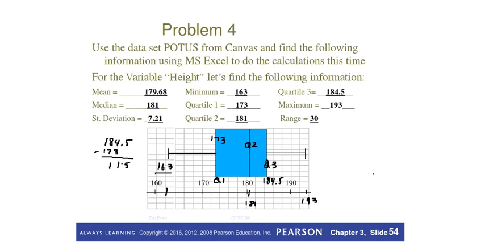If we take that 11.5 times 1.5, what that means is that we're going to get 11.5 plus half of that, which would be 5.75. And we would add those together, 11.5 and 5.75, which is going to be 17.25, right? That's 1.5 times our interquartile range.